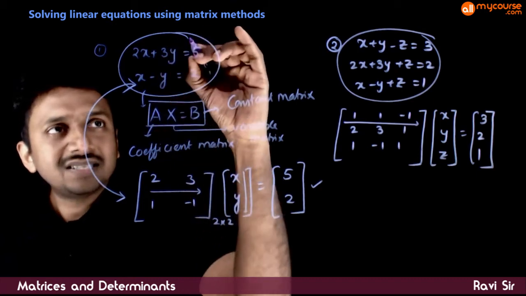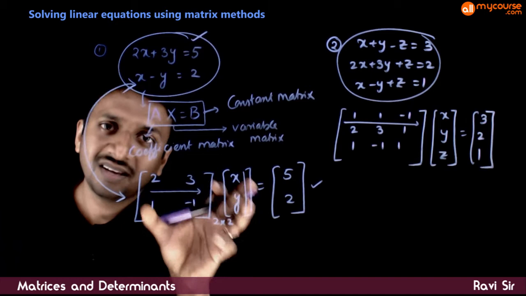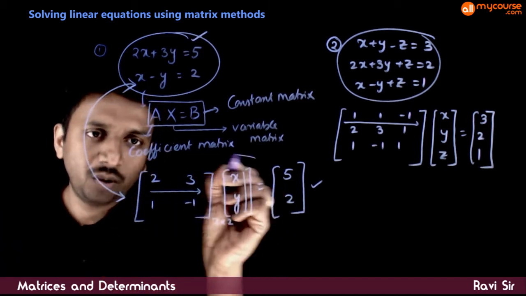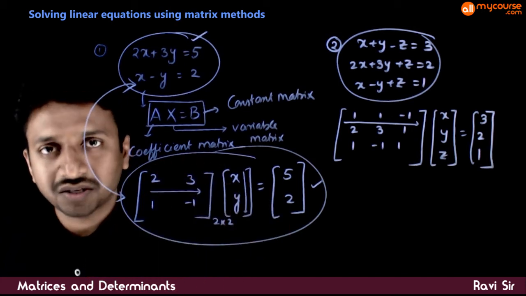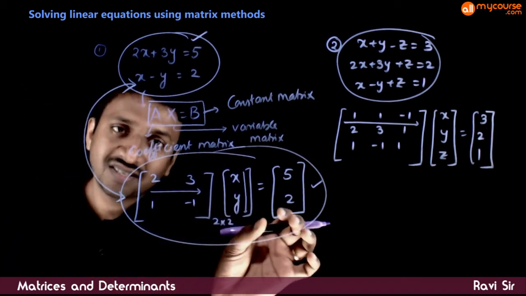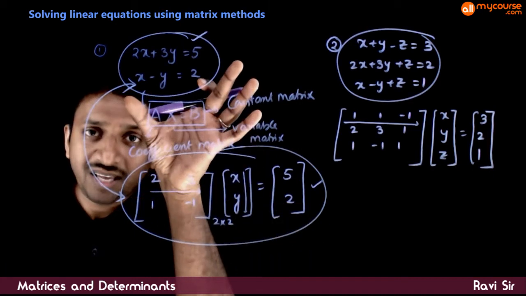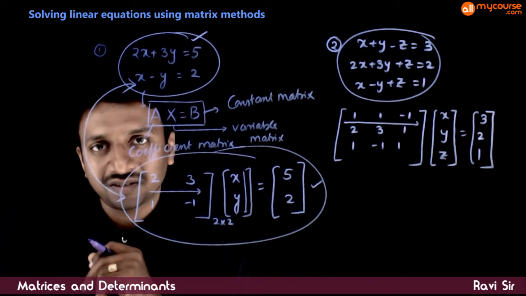So every system of linear equations can be expressed as a matrix equation: coefficient matrix into variable matrix is equal to constant matrix. Once you express the set of equations in this way, you can very easily solve it using matrix methods.